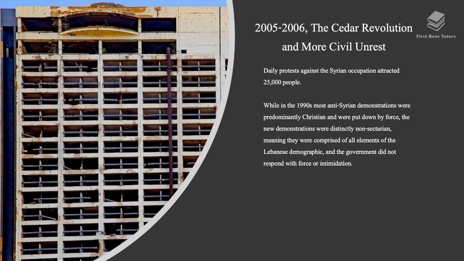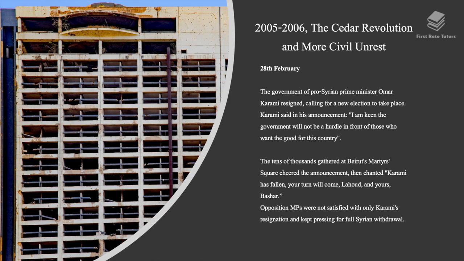Daily protests against the Syrian occupation attracted 25,000 people, while in the 90s, most anti-Syrian demonstrations were predominantly Christian and were put down by force. The new demonstrations were distinctly non-sectarian, meaning they were comprised of all elements of the Lebanese demographic, and the government did not respond with force or intimidation.